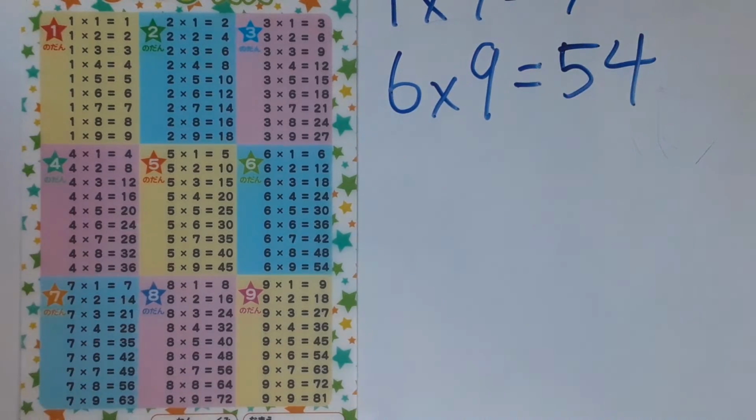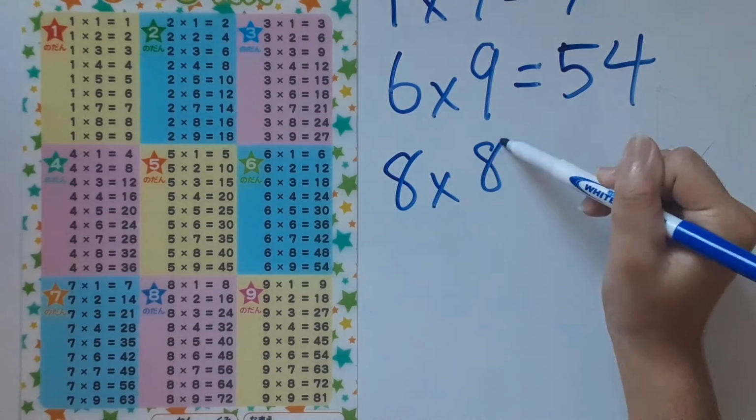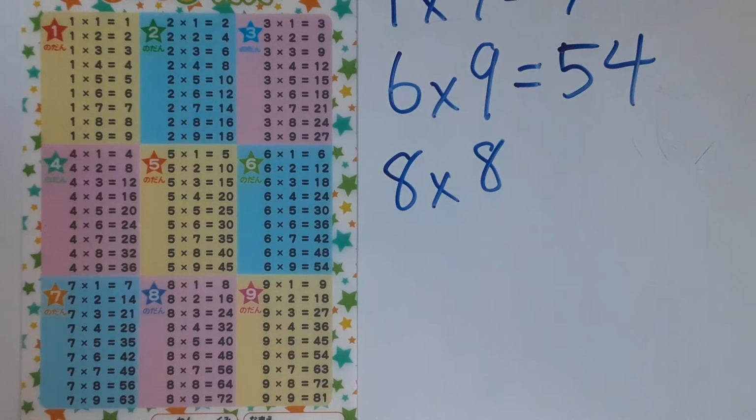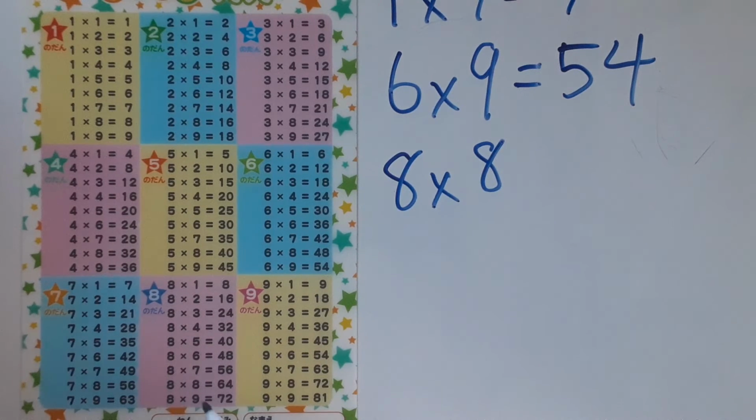As you can see, this is a lot simpler and a lot faster than counting out 9 sets of 6. If we wanted to do 8 times 8, instead of adding 8 to itself 8 times, we can just look on the chart and find 8 times 8, which equals 64.